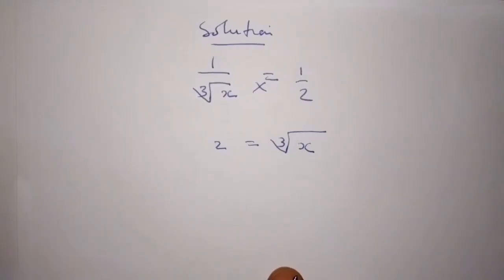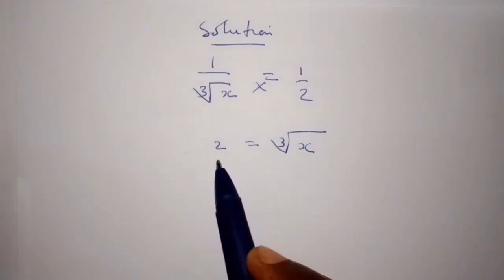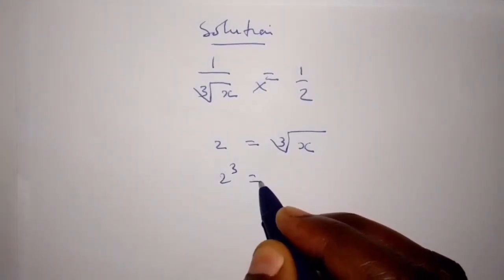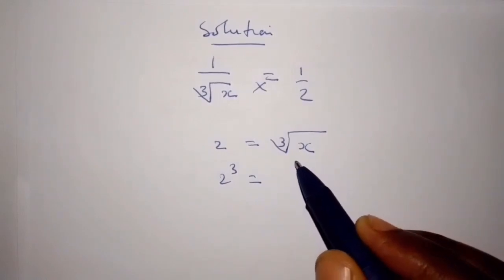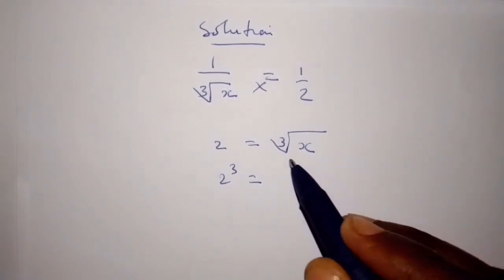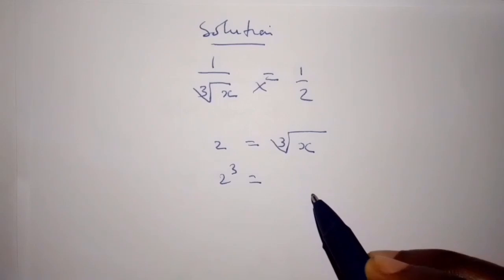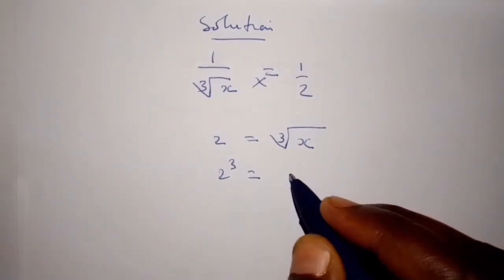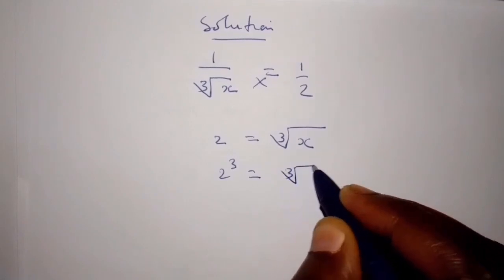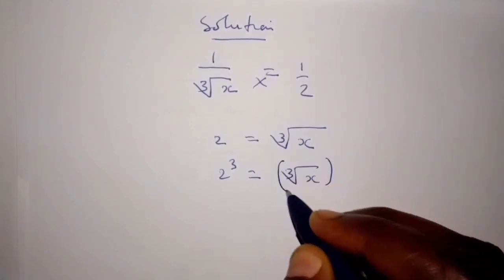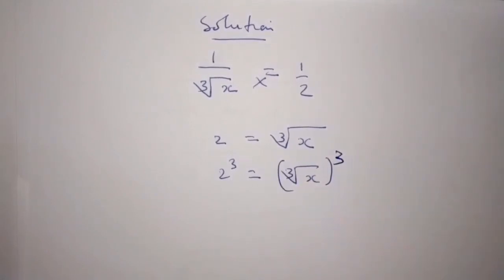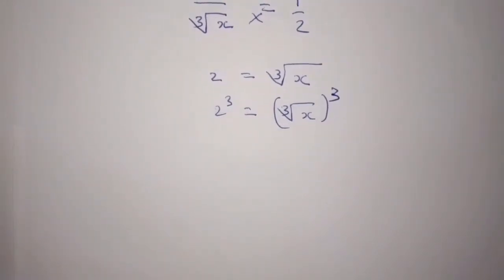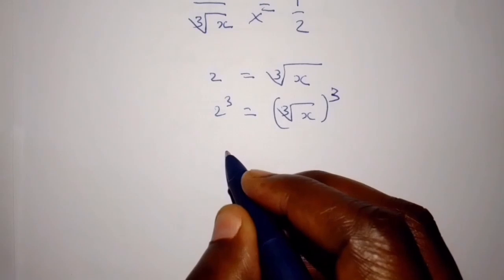Then now we raise 2 to power 3 is equal to, we also raise cube root of x to power 3. So this is going to give us cube root of x to power 3. 2 power 3 is 8.